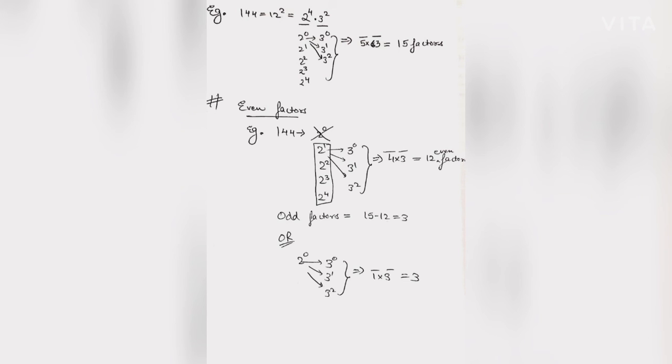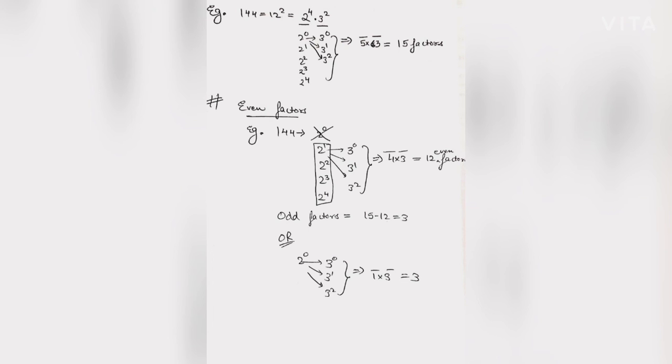We are simply cancelling out 2 raised to the power 0. So now we have only 4 rows in the first column and 3 rows in the second column, which are 3 raised to the power 0, 1 and 2. Again using permutations and combinations, the number of factors equals 4c1 multiplied by 3c1, which is 12.